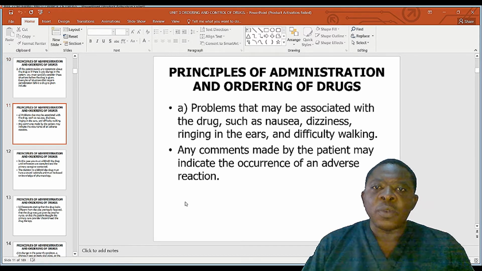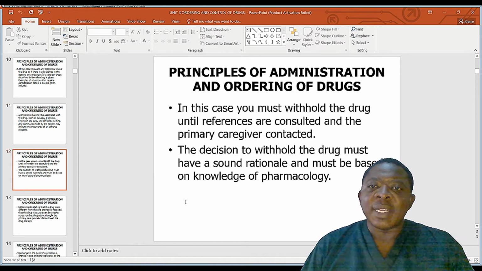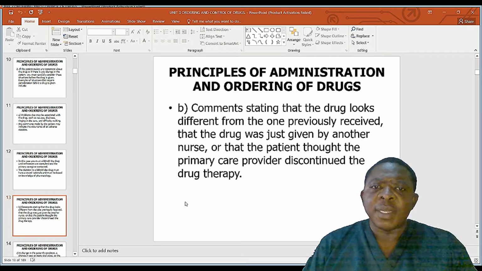So we have talked of problems that may be associated with the drug, such as nausea, dizziness, ringing in ears or difficulties in walking, in which case you have to withhold the drug, or comments stating that the drug looks different from the one that was given previously for the same condition. Then you must discontinue.